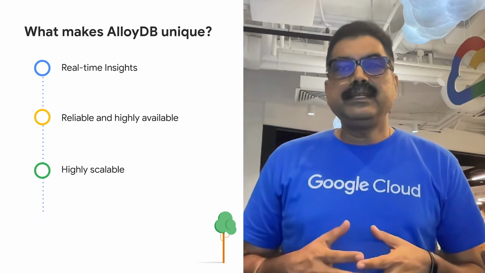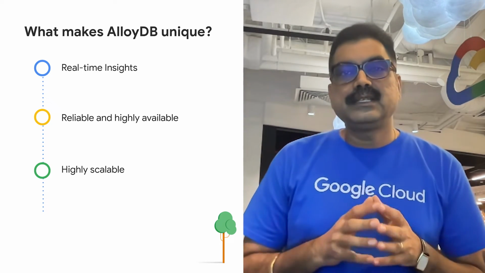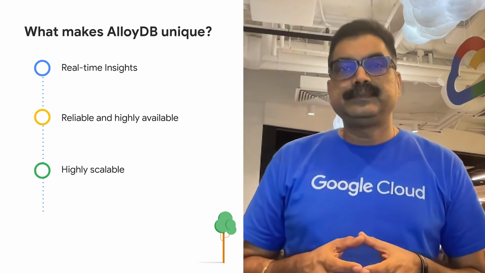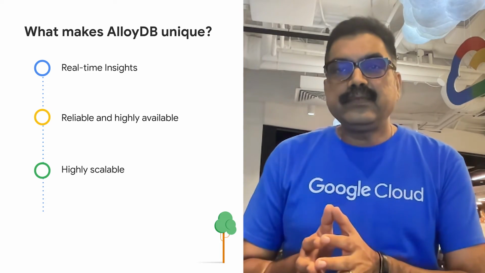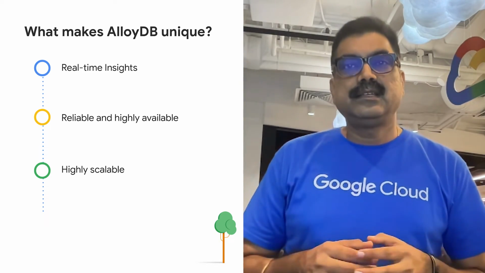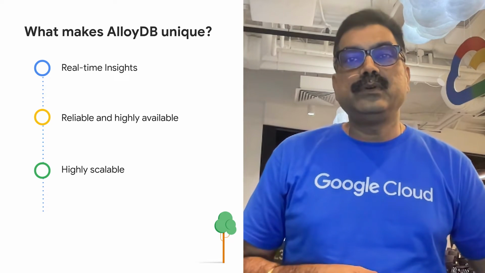The high reliability and availability of 4 nines of SLA, including maintenance, gives you a unique advantage with AlloyDB. The database is able to detect and recover from most database failures within the span of 60 seconds. And this is regardless of size or the load on the instance.